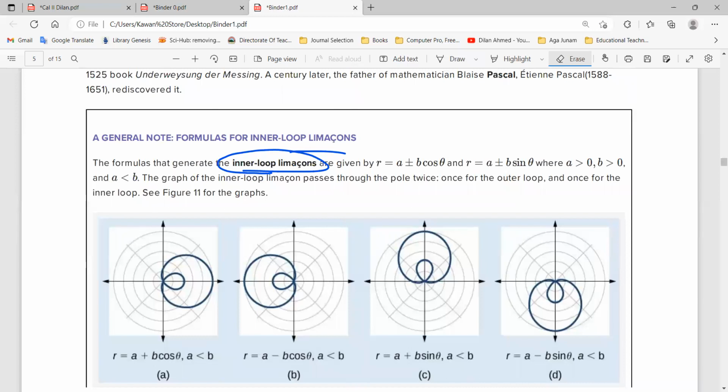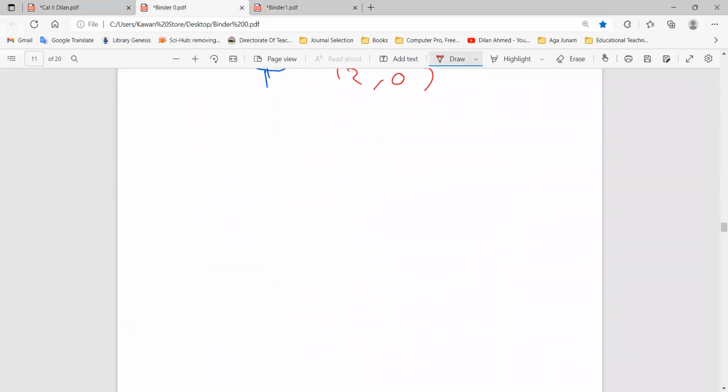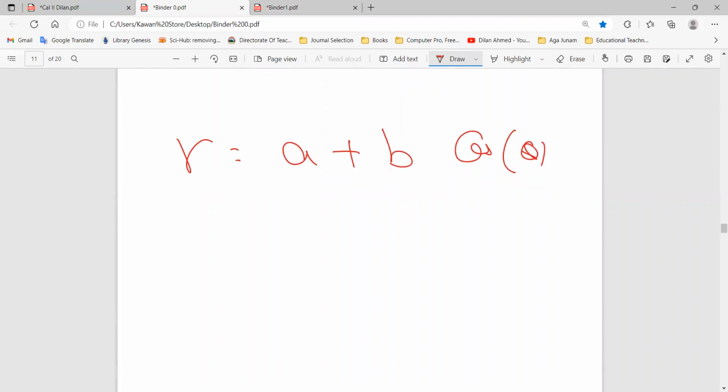Okay, now, what's the difference? The same shape. We have R equal to A plus or minus B cosine theta. But here, B is greater than A. What do you mean? R equal to 3 plus 4 cosine theta.